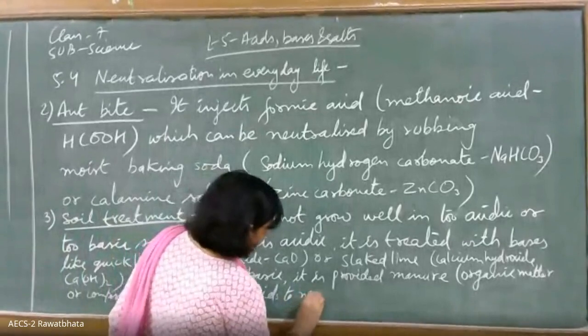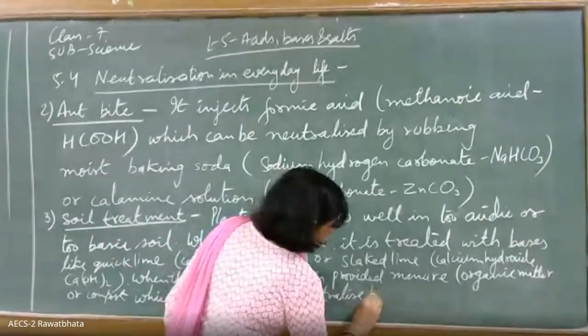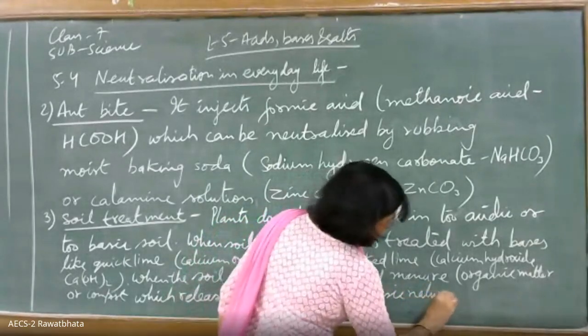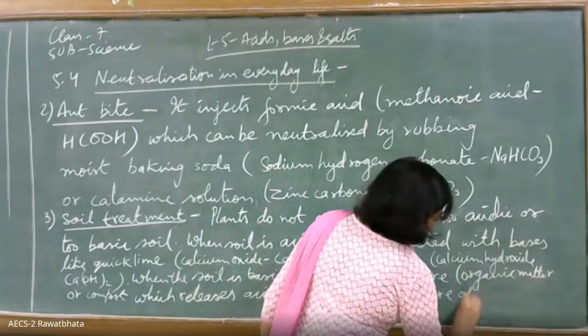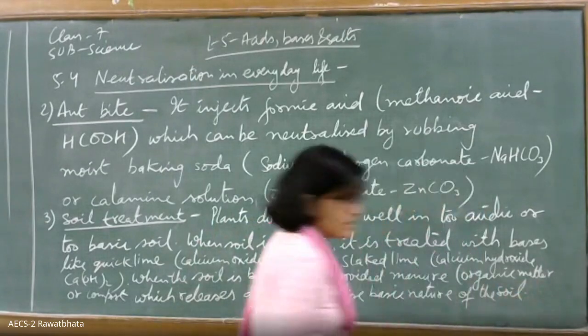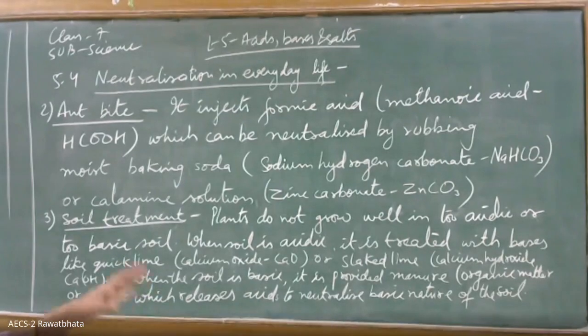Acids neutralize the basic nature of the soil. So basically it's very easy to understand. By the time we are writing, you can understand this also: why do we add this manure or compost?